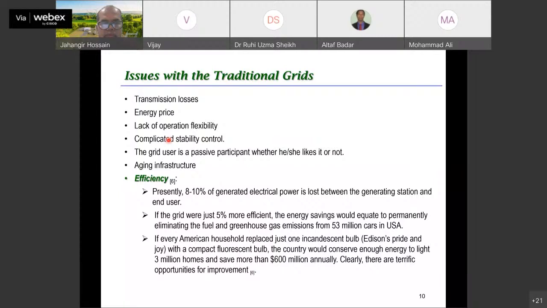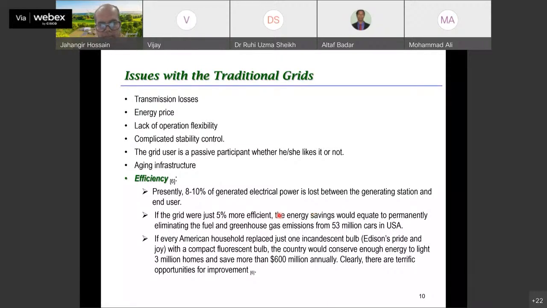As I mentioned, in many countries on average 8 to 10% of total energy is lost, and in many countries it is more than that. If you are dealing with megawatts or gigawatts, 8 to 10% is a big number. Just one example from the USA: if their grid were 5% more efficient, the energy saved would be equal to permanently eliminating the fuel and greenhouse gas emissions from 53 million cars.